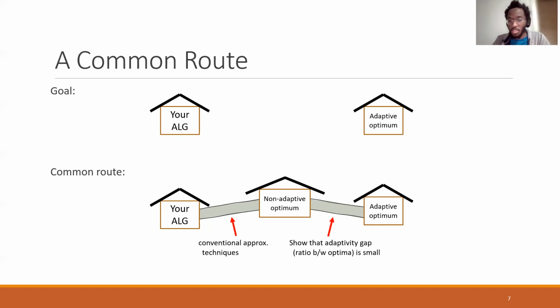And then the second step is to show that the non-adaptive optimum and the adaptive optimum aren't that far apart. They show that the adaptivity gap, or the ratio between optima, is small. Okay, and so maybe one would hope that we can do this in the minimization context.